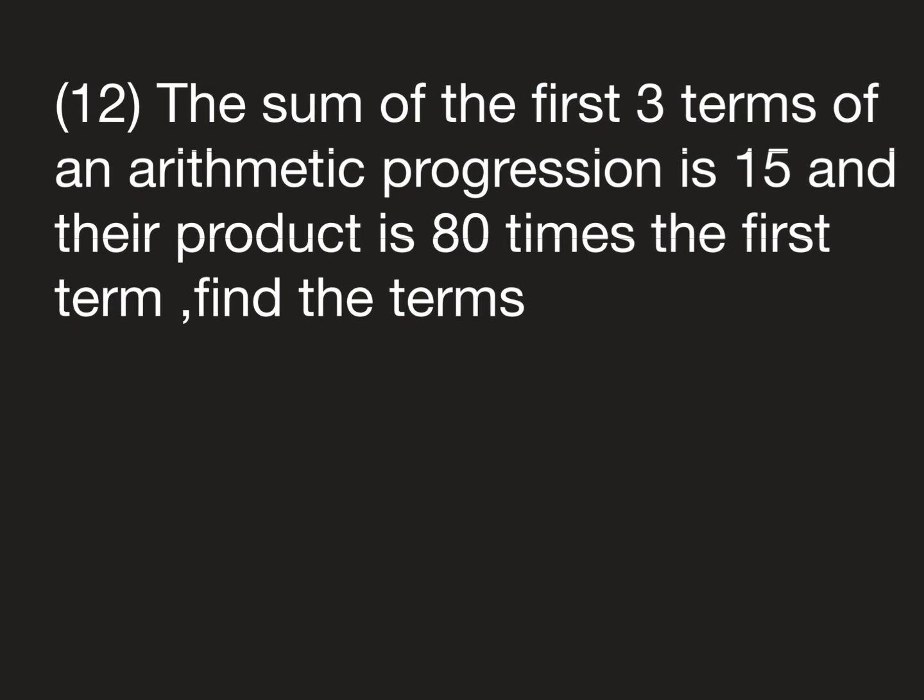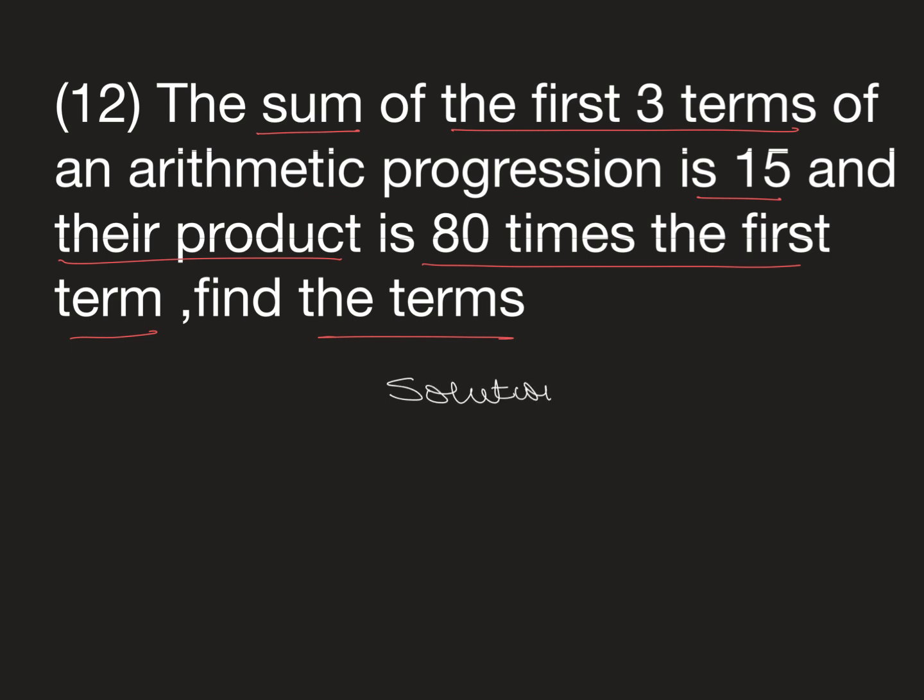Another question here reads, the sum of the first 3 terms of an arithmetic progression is 15, and their product is 80 times the first term. Find the terms. Solution. It says the sum of the first 3 terms of an arithmetic progression is 15.